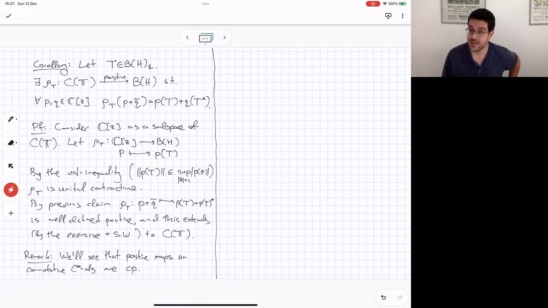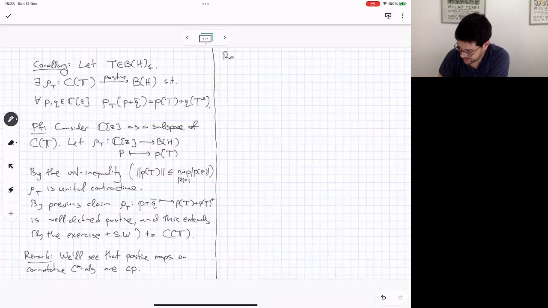And think about it, you can try to do it, but it is quite a tricky exercise to prove by hand the positivity of rho_T. You need to figure out what the positive polynomials in Z and Z bar are, and to show that this map maps them to positive operators. It's possible, but it's long and tricky.